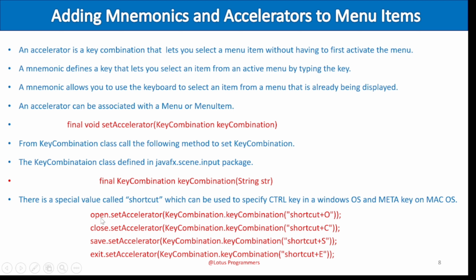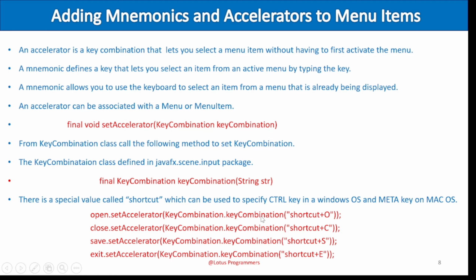Suppose assume that an open menu item, close menu item, save menu item, and exit menu item are defined. On the open menu item, we are calling the setAccelerator method. The setAccelerator method takes the KeyCombination object. In order to get the KeyCombination object, we will call the keyCombination method from the KeyCombination class.